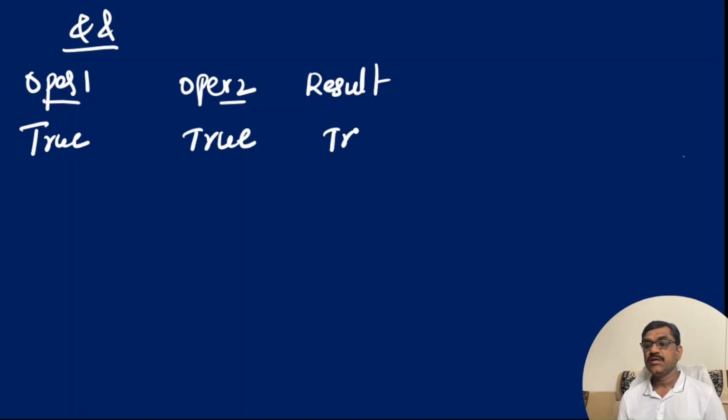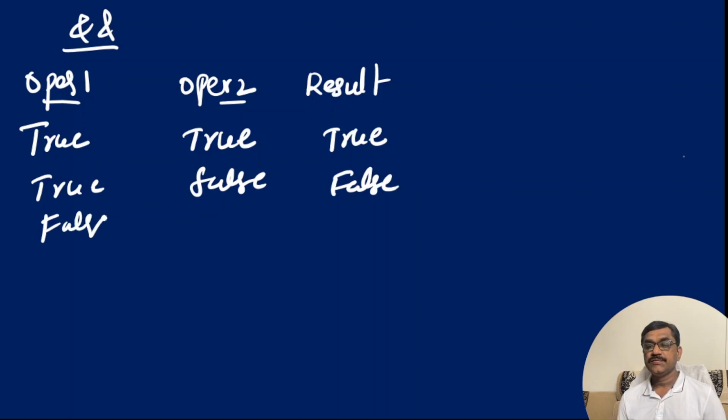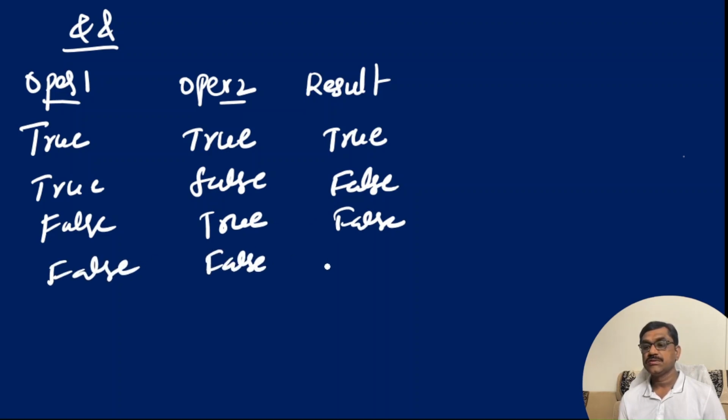Then the result we get is true. Now true and the second one is false, we get false. If any one of the conditions is false, the result is false in AND. False, true, we get again false, false, false, again we get false.